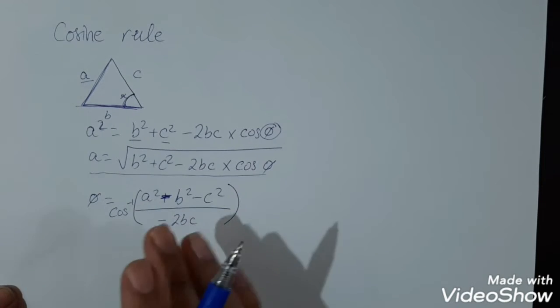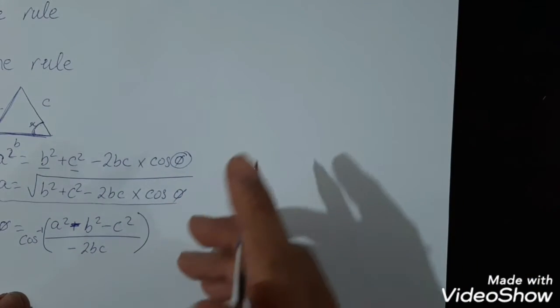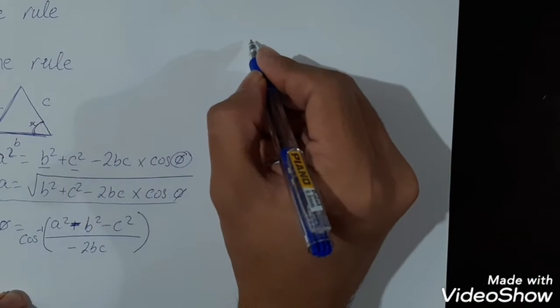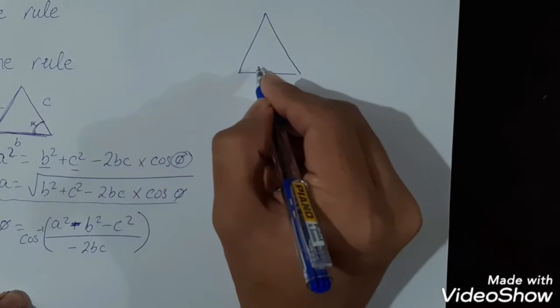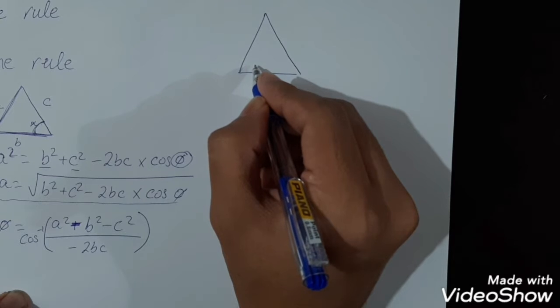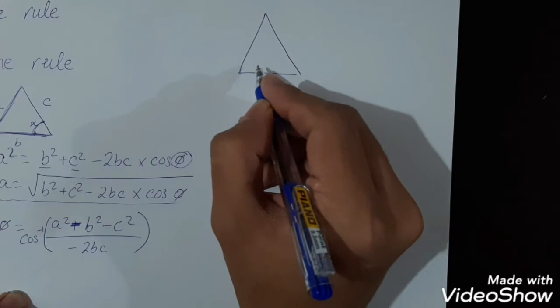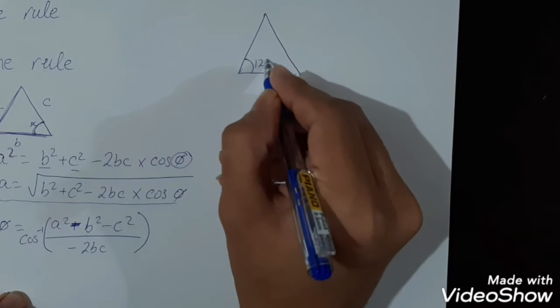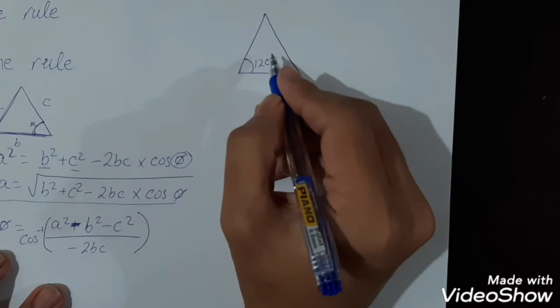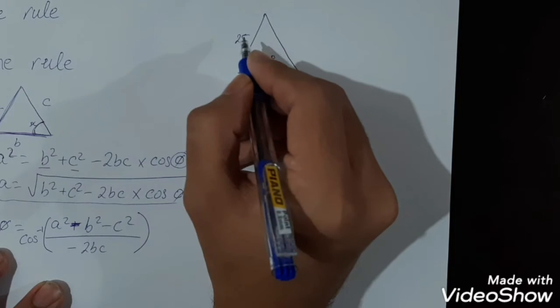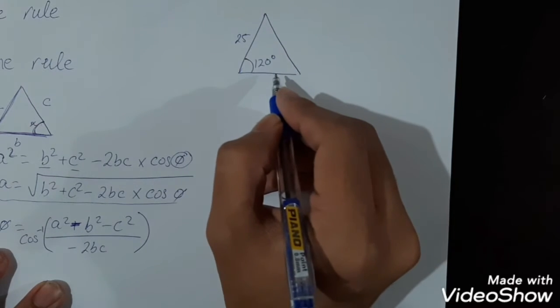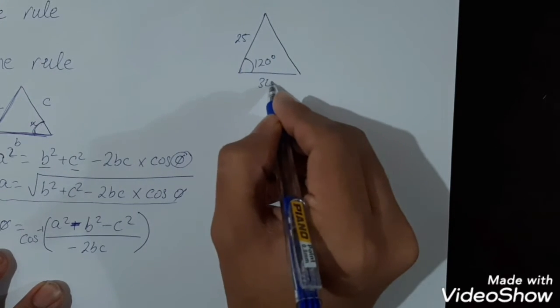For the first question, we will use a triangle in which we have an angle of 120 degrees and lengths of 25 centimeter and 34 centimeter.